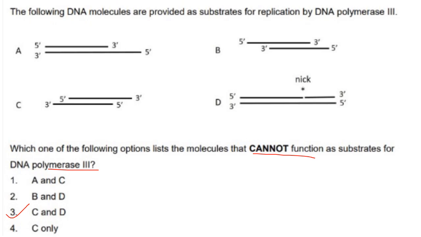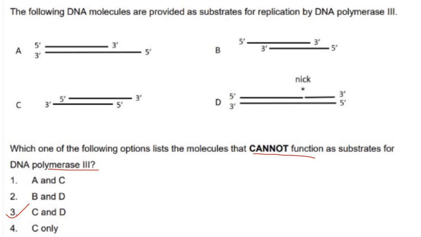Then next one. The following DNA molecules are provided as substrate for replication by DNA polymerase 3. Which one of the following options lists the molecules that cannot function as substrate for DNA polymerase 3? For DNA polymerase to act, it should have a single-stranded template.